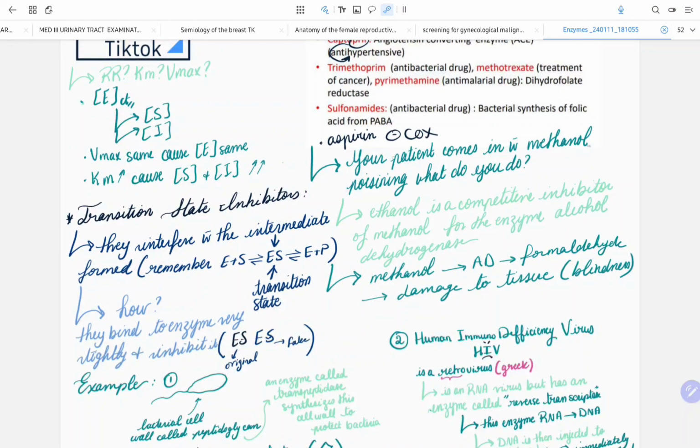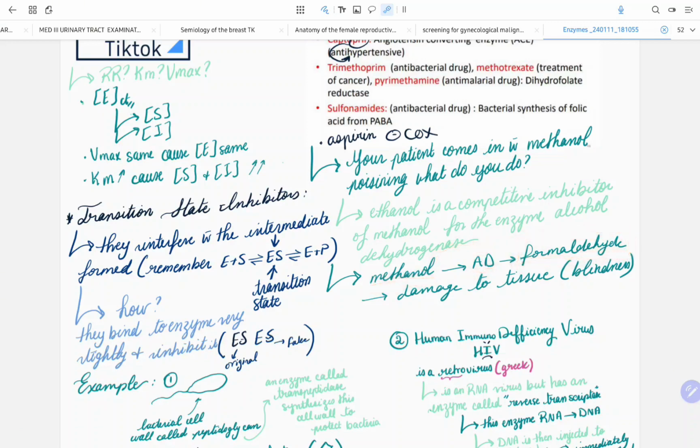So your patient comes in with methanol poisoning. What do you do? So ethanol is a competitive inhibitor of methanol, okay, for the enzyme alcohol dehydrogenase. So we have an enzyme called alcohol dehydrogenase, and we have ethanol and methanol, right? So what happens is that methanol reacts with the enzyme and forms something called formaldehyde.